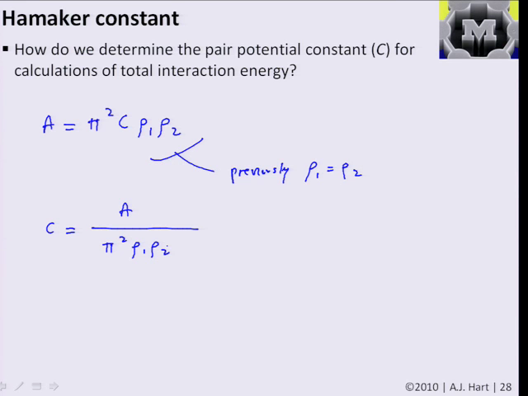And there's a whole theory called Lifshitz theory, which lets you calculate A based on the dielectric properties, the electromagnetic spectrum, basically the dielectric constant and the index of refraction, which both are complex properties that depend on the wavelength of electromagnetic radiation, basically because you have the electrons and the fundamental particles of the materials interacting with each other to generate these forces.